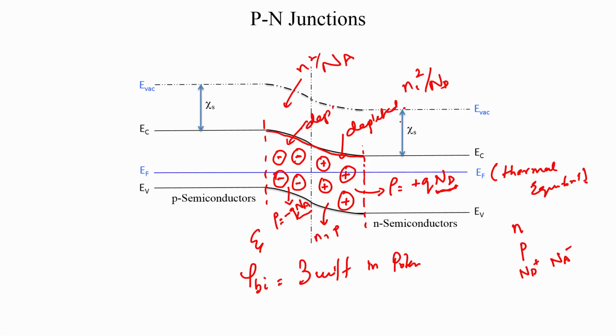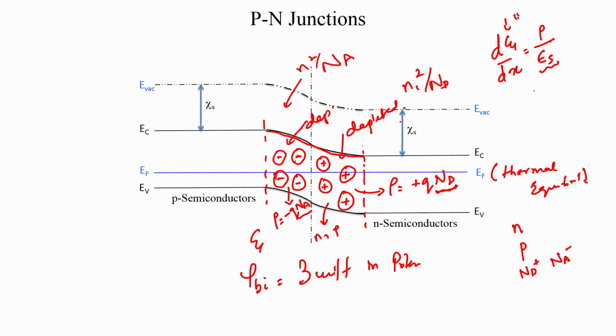So if we have to write Poisson's equation for the n and p side, what would it be? Poisson's equation tells you that dE by dx, where E is the electric field, since we are looking at only one dimensional cases here, is equal to your charge concentration by epsilon s, where this is the permittivity of the semiconductor.